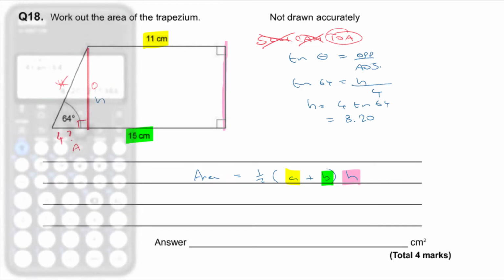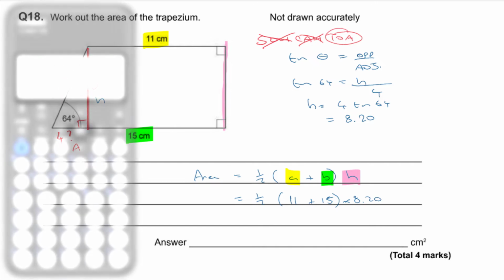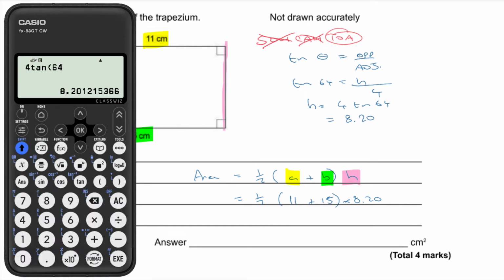Okay, so again, I'm going to retain that value in my calculator for my next calculation. Let's just sub in what I've got. I've got half times 11 plus 15 times 8.2, isn't it? So I'm going to use my answer key to type that in at the end.